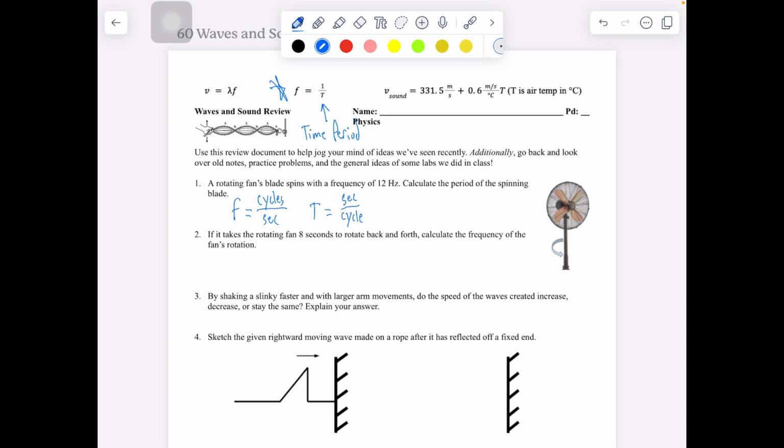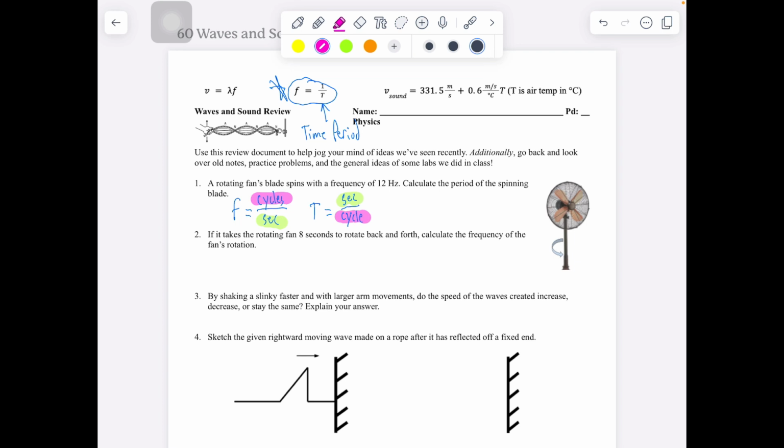But if you have one, because of our equation that we highlighted up here, frequency is 1 over time period, they are inverses of each other. If we look, frequency is cycles per second, time period is seconds per cycle, all we've done is flip the numerator and denominator.